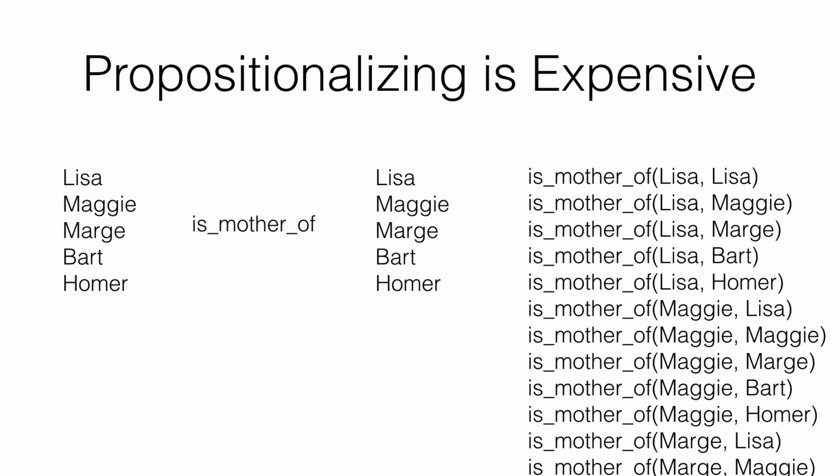Not in a formal sense because it's still polynomial, but it becomes expensive to compute, especially if we have higher order predicates like n array predicates, and then it becomes polynomial to the order of n in terms of how many instantiations there are. So explicitly enumerating all of the possible thoughts you could have with these predicates is expensive.